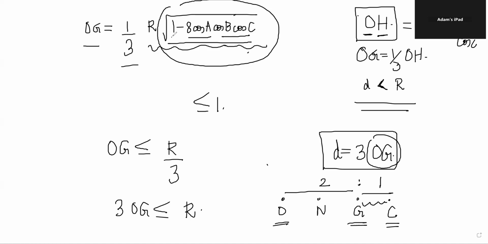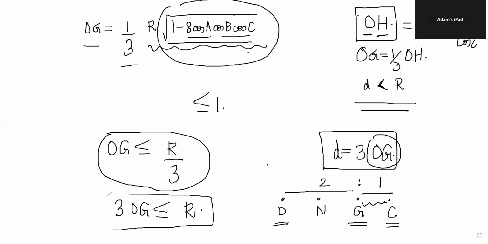Wait, can you... Equilateral triangle, it is becoming 0, see? So it is smaller than 1, mostly. Always. And since this is less than 1, OG is less than this, right? So 3 OG is less than R, and you can say the maximum possible value of D is 3 OG, right?